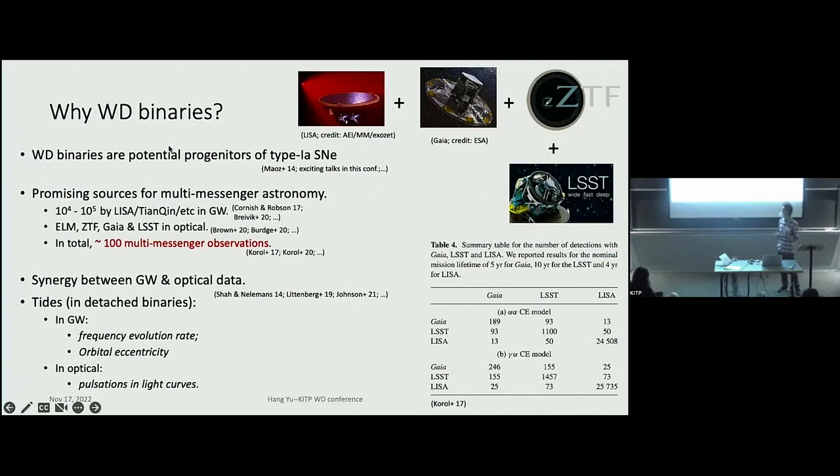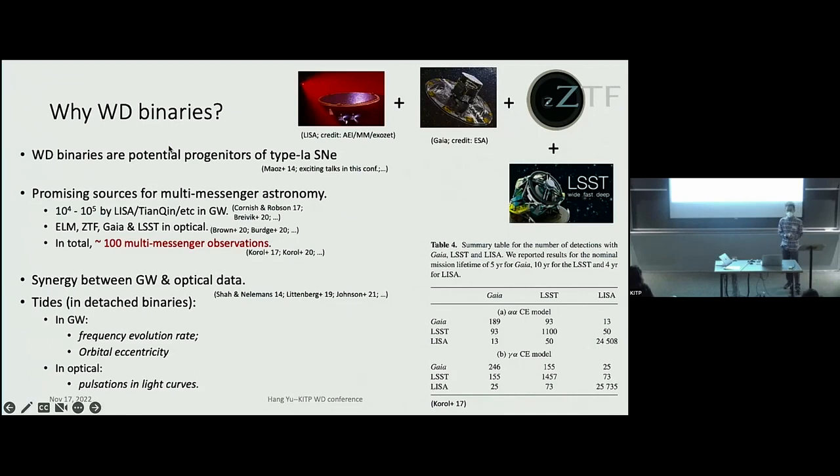We can simultaneously observe a white dwarf in both gravitational wave and also electromagnetically, for example, in optical. And it has been estimated, I believe, by people here in the audience, that something around 100 or so double white dwarf binaries can be observed in a multi-messenger sense.